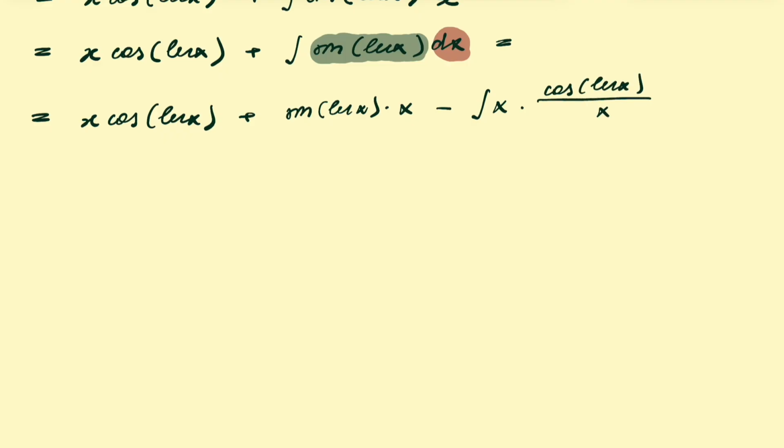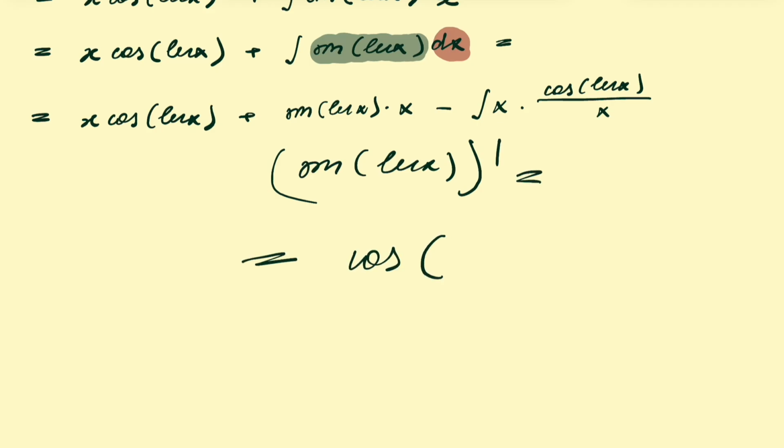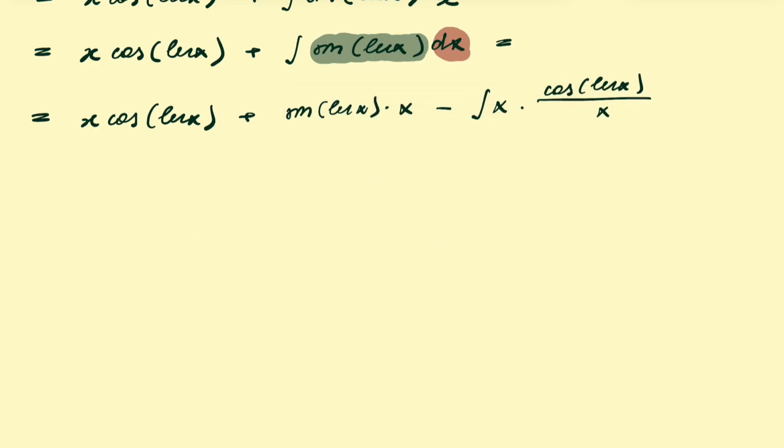Since it's a composite function, I don't remember if I mentioned this earlier, to find its derivative, we need to write first cosine of something that's inside, and multiply this by the derivative of the function inside, which will be 1 over x. Alright, so, and dx.